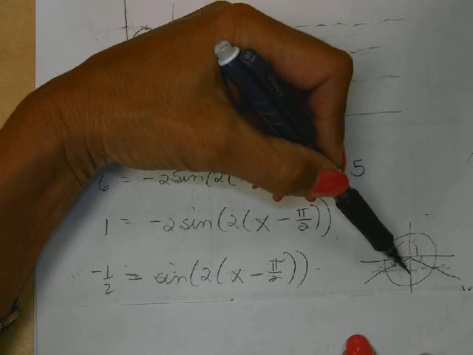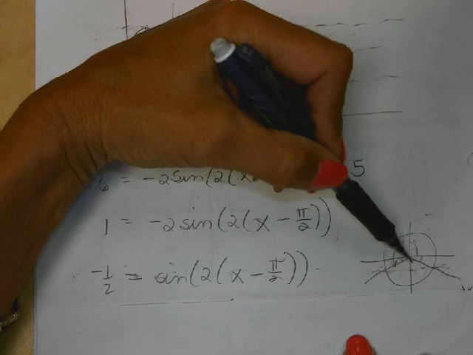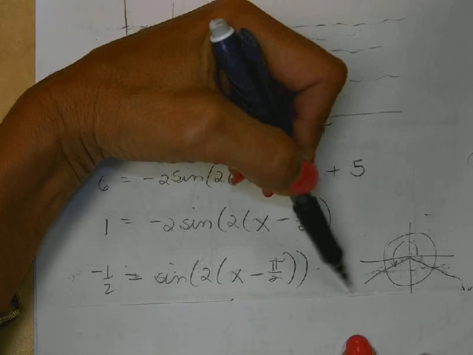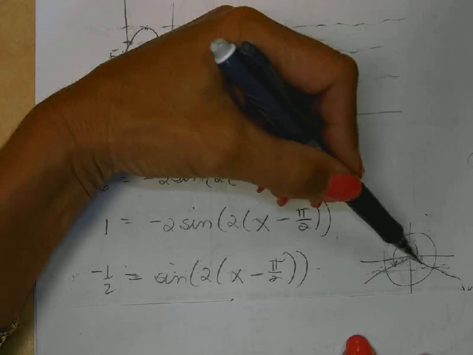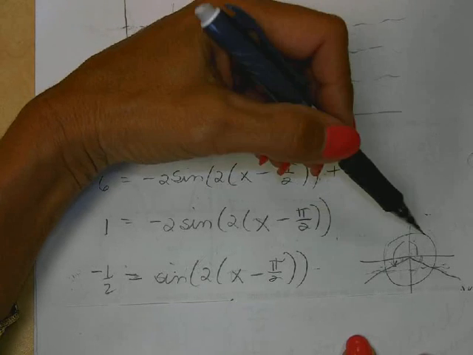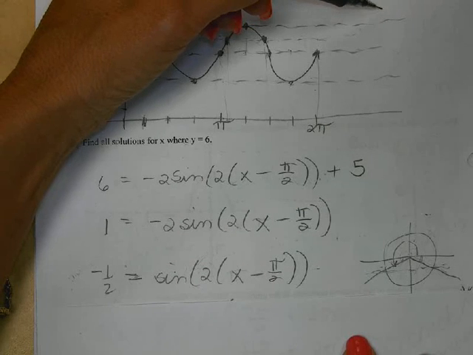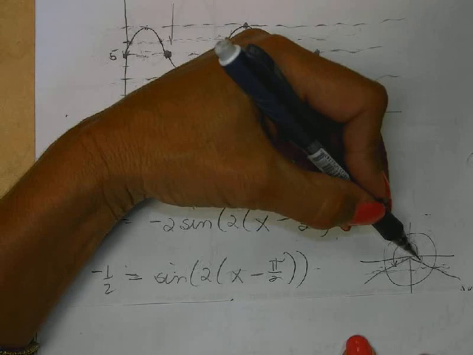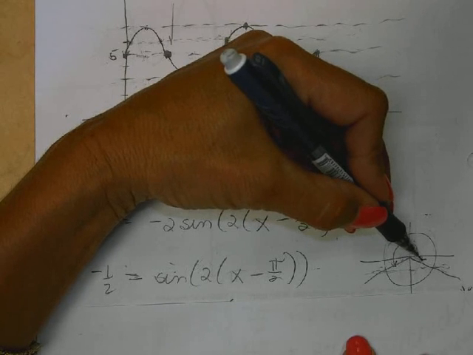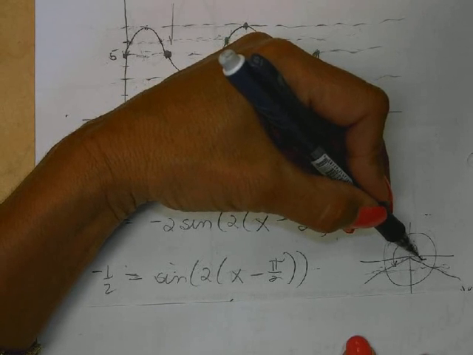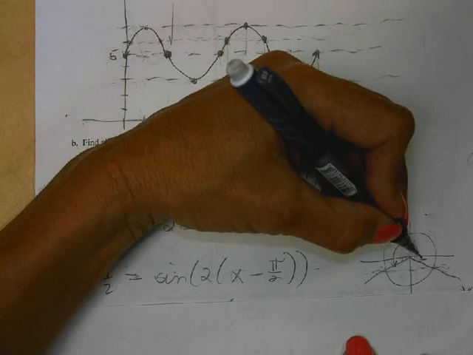We know what angle this whole hunk would have to be to have a ratio of -1/2. I drew a little unit circle, went down to -1/2, and I know that this angle and this angle would be different locations, different terminal side angles that would have the sine value being -1/2.